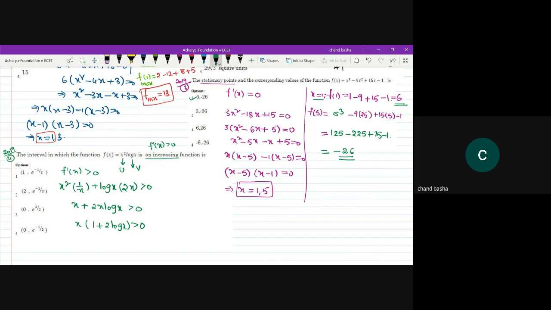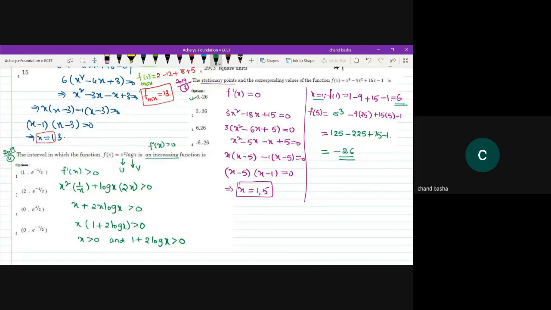Now, x is positive and 1 plus 2 times log x is also positive. Then only will you get a positive quantity, positive into positive. Both being negative is also possible.